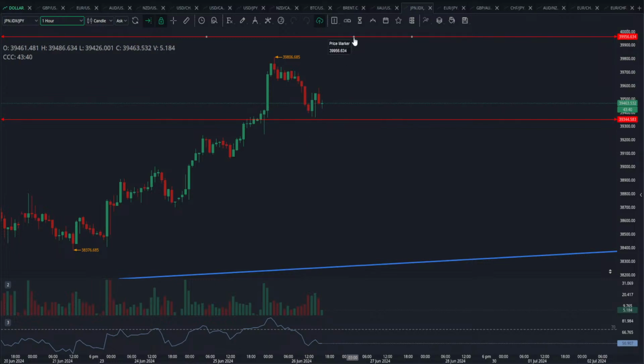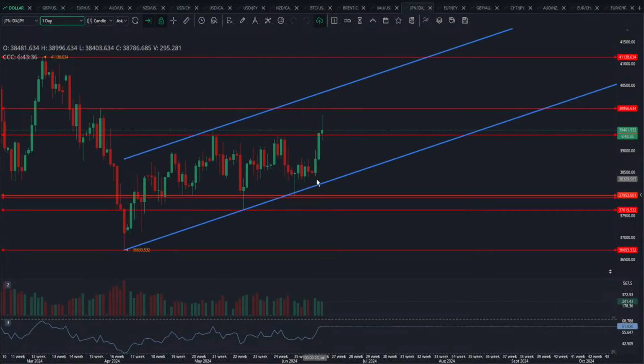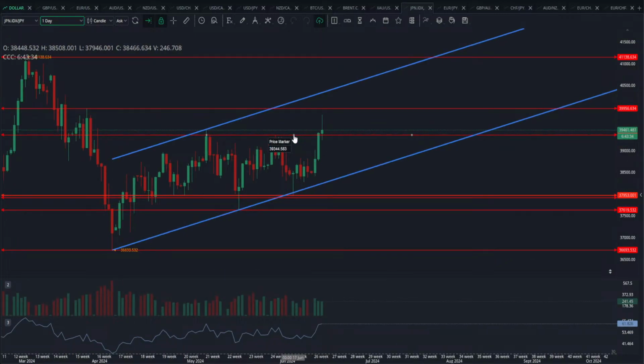But will they be able to take it to 39,956? I'm not so sure. From the daily price action, you can see that the price has closed the day higher than the previous resistance, and that is expected to become the support for the price. 61.84 is the RSI, which is also showing that there is a possibility of an up move to the target of 39,956 at the minimum.